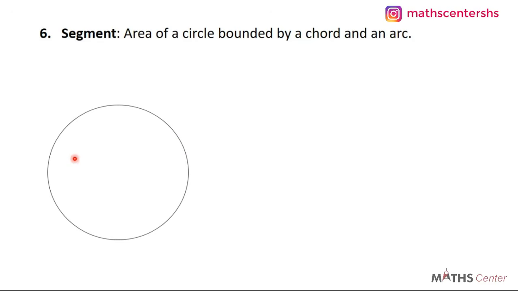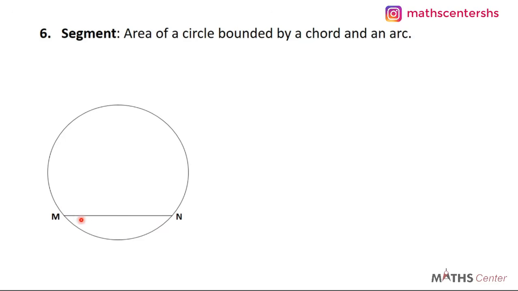So let's say we have this circle here. Then we have this chord here, chord MN. So this line here is referred to as the chord. With these same points M and N, we can say that we have the arc MN. Now you see that with chord MN and arc MN, we have an area of a circle bounded by this chord here and an arc here.